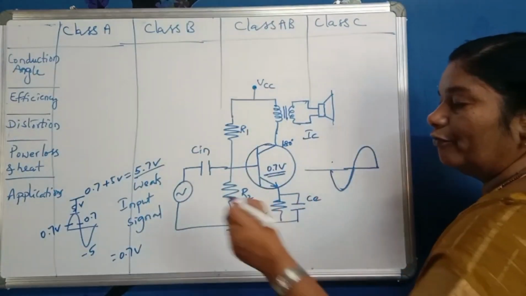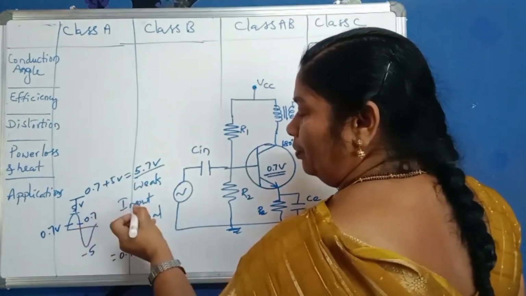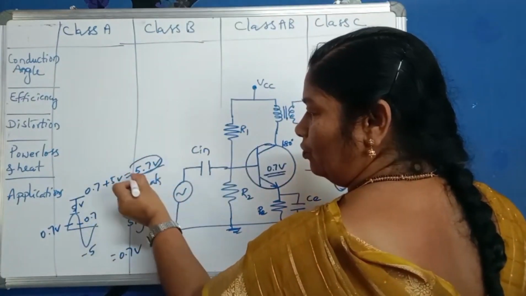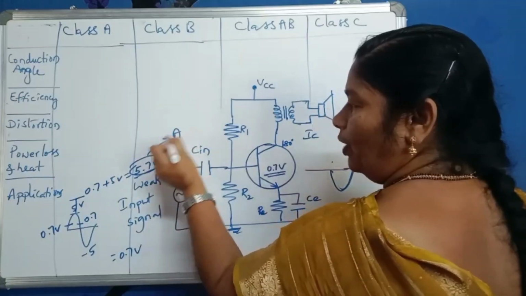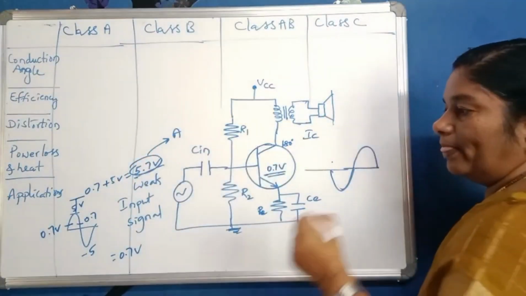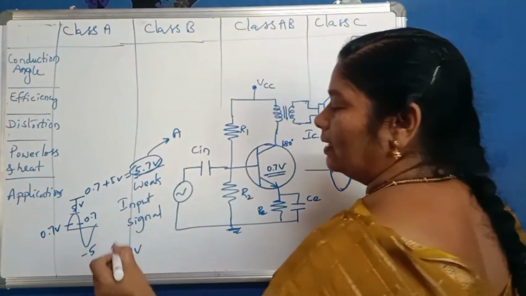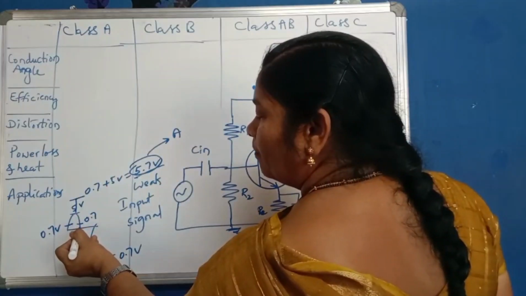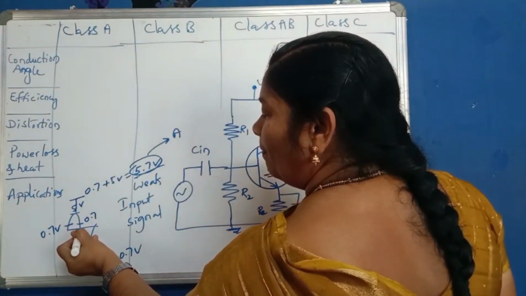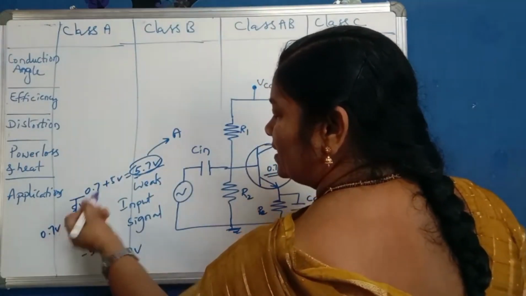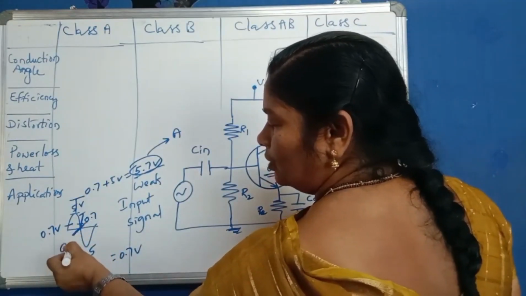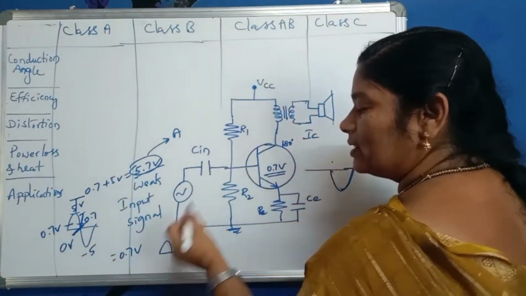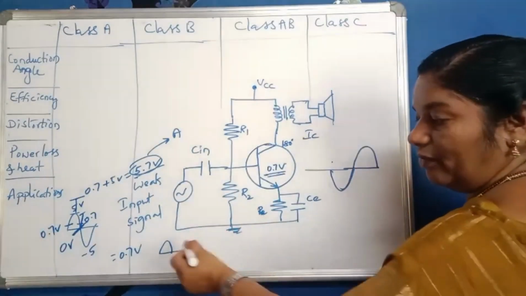And then when you give the input for class A, you must give a biasing voltage of 5.7 volts. Okay, now let us start with 0 plus 0.7. Here the signal you want is only up to 0 volts. That means you want only the positive half cycle, half of the signal.